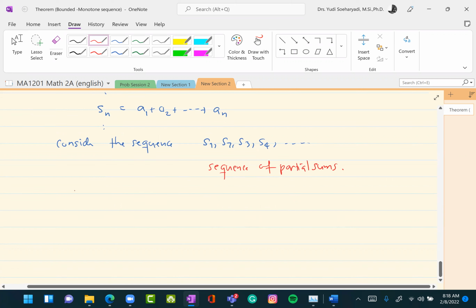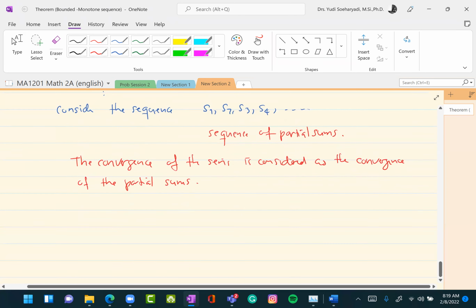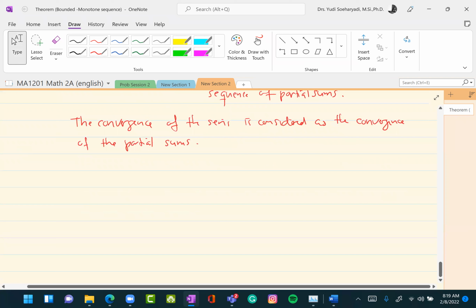Let me write it down: the convergence of the series is the same as the convergence of the partial sums. So this is how we define it.